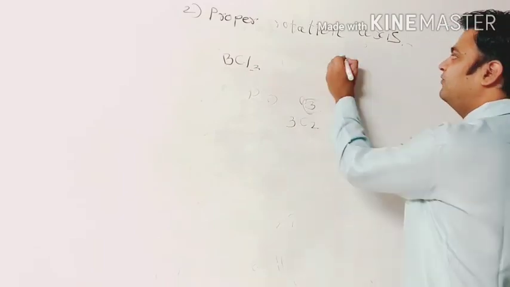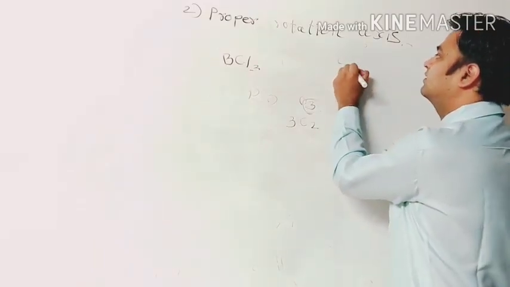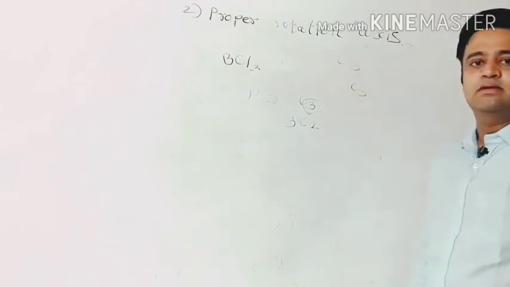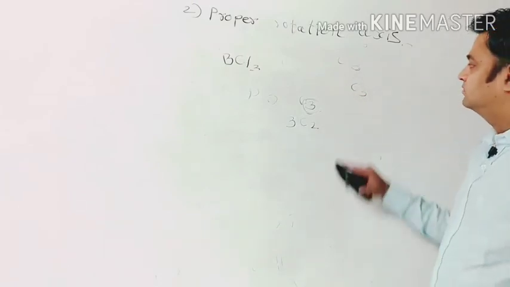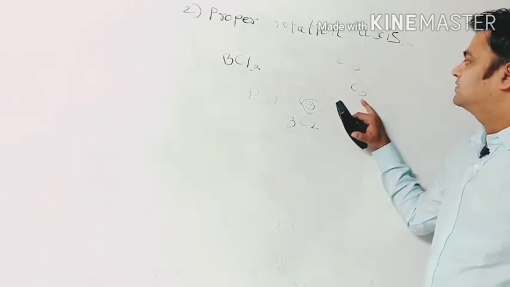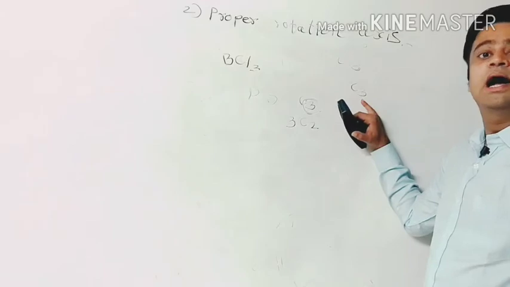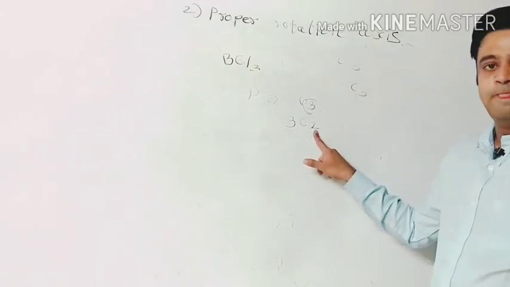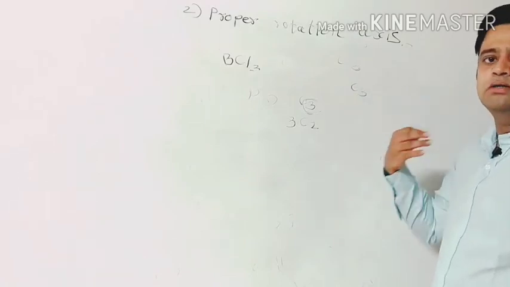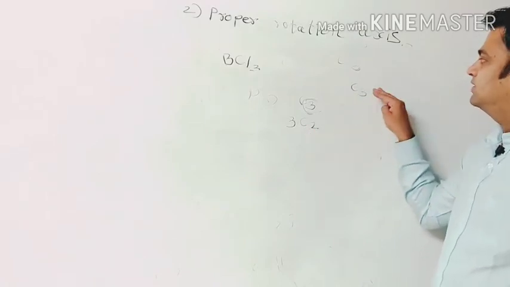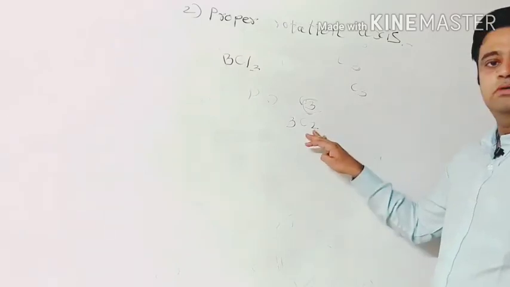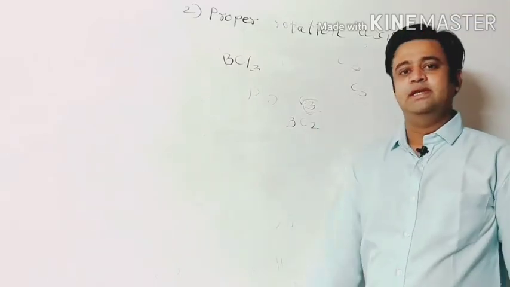In BCl3 we have C3, right? 3 is there, and this 3 is higher than 2. Therefore, C3 is the principal axis, and all others, which are lower than the principal, that is 2, are subsidiary axes.